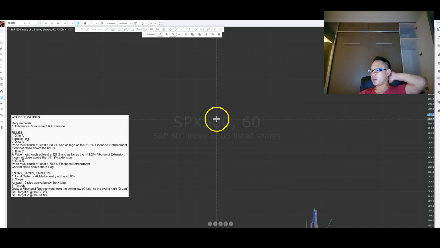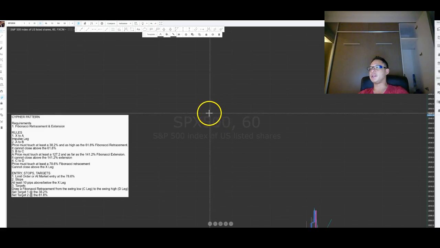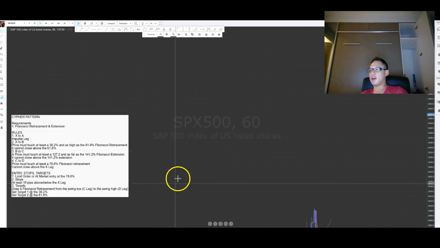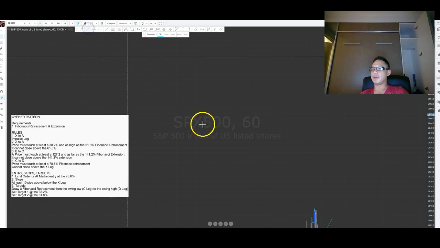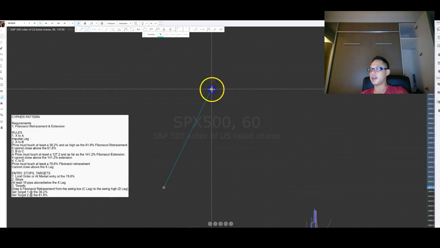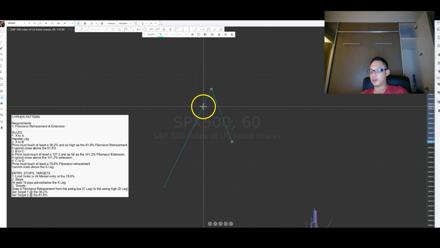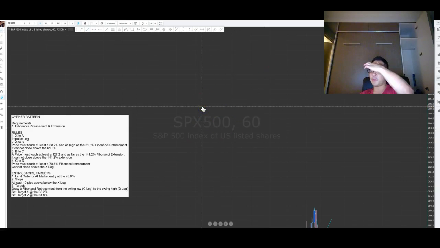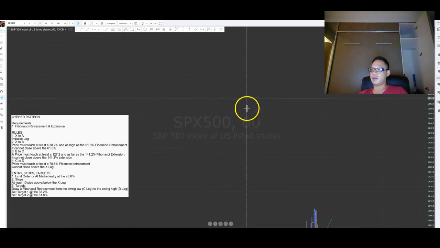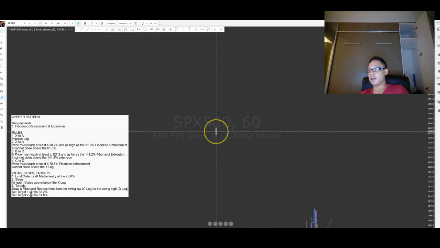So the Cypher pattern is pretty much a continuation pattern, right? So as price action moves up, you tend to get a pullback, right? And then some kind of continuation, right? Now, I won't go into too much detail about it because it'll just confuse you, but once you learn the pattern and you get used to identifying it, it pretty much becomes second nature to you.